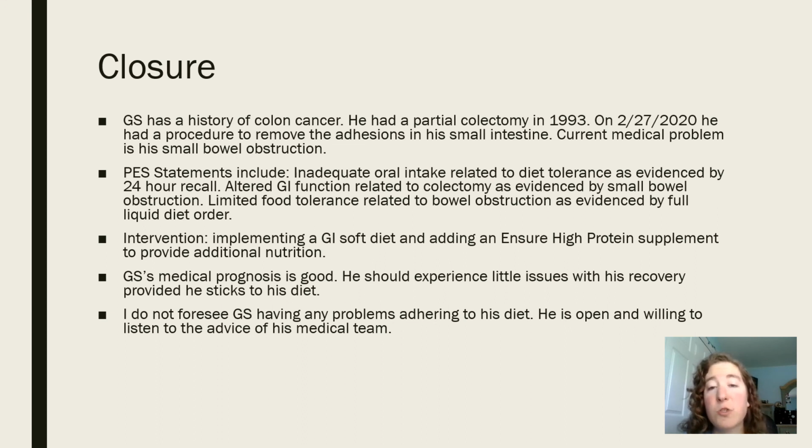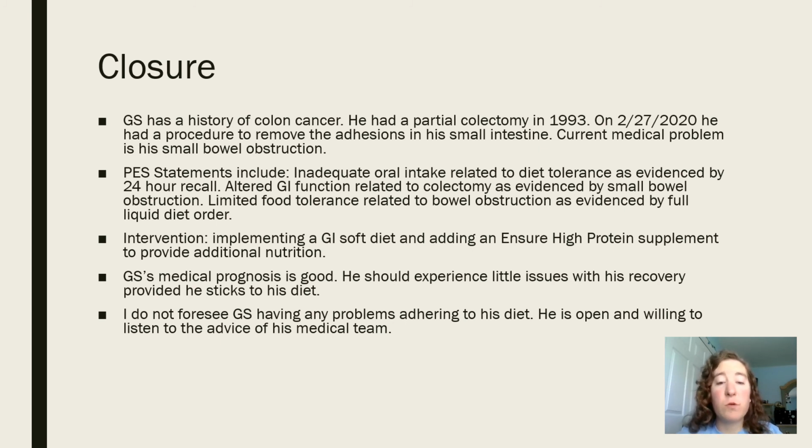The PES statements were inadequate oral intake related to diet tolerance, as evidenced by 24-hour recall, altered GI function related to colectomy, as evidenced by small bowel obstruction, and limited food tolerance related to bowel obstruction, as evidenced by full liquid diet order. The interventions include implementing a GI soft diet and adding an Ensure high protein calorie drink to provide additional nutrition that GS may be missing.